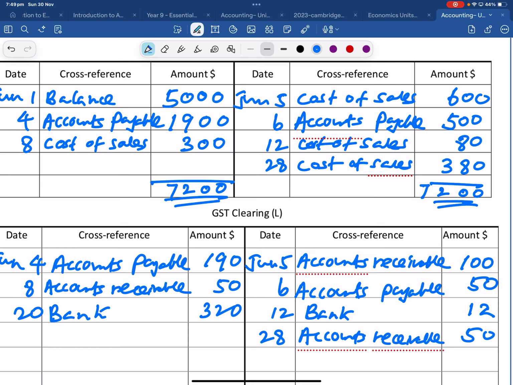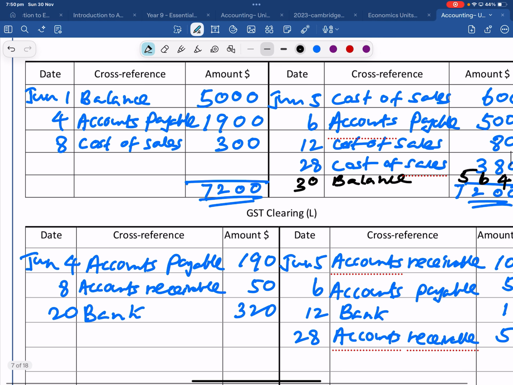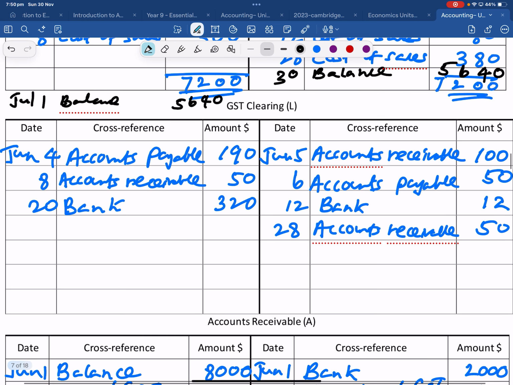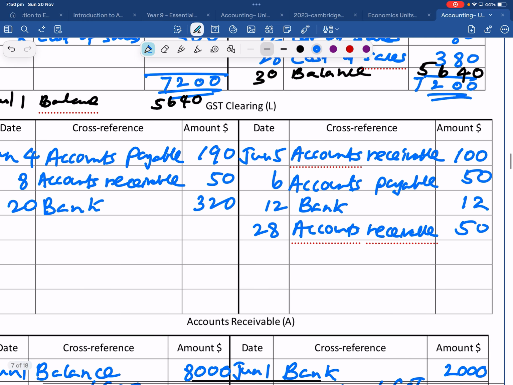Right, so the balance is going to be 5640 as of July 1st. GST, debit side is higher.